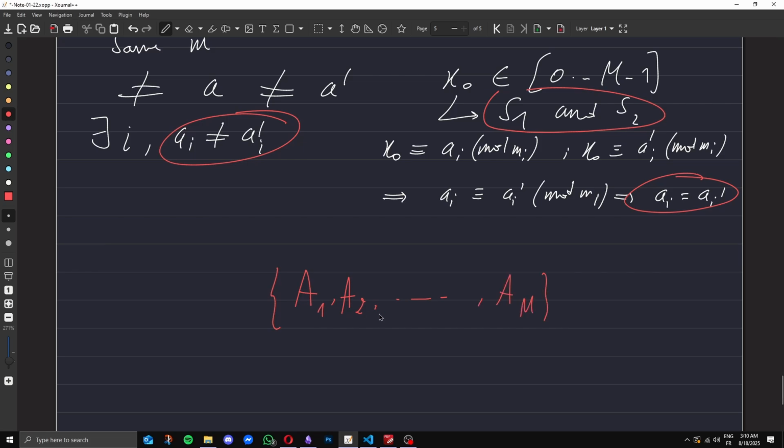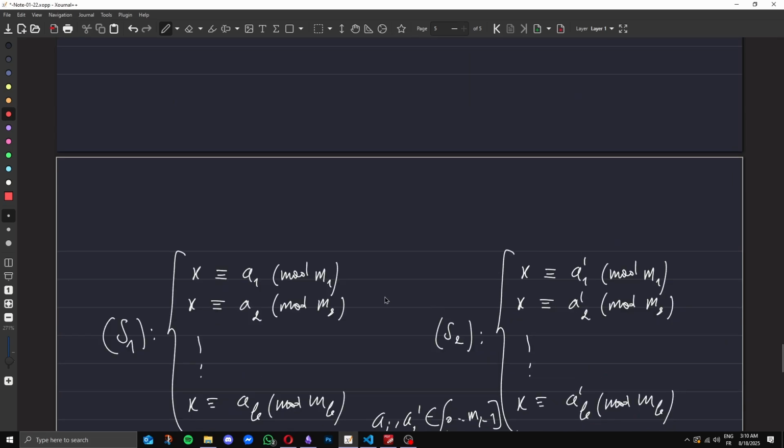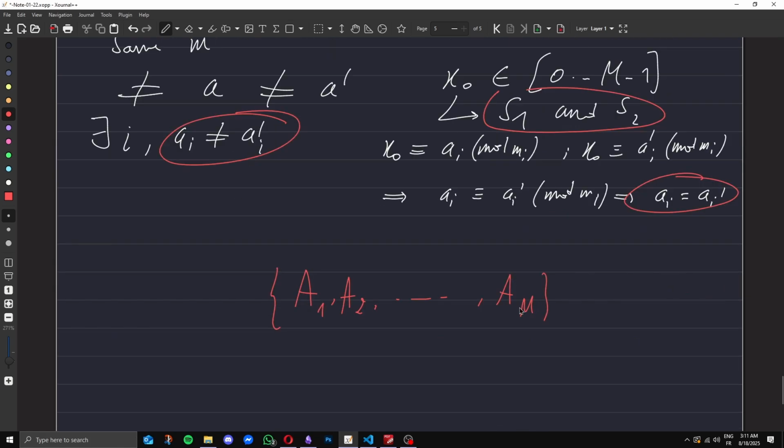Okay, so how many combinations are there? If we take a1, it can take integer values from 0 to m1 minus 1, right? So in total m1 possibilities. Same goes for a2: there are going to be m2 possibilities, and so on. So in the end, the total number of combinations is m1 times m2 times until mk, which is going to be equal to m. That's why I put m here. So the cardinality of the set is m.